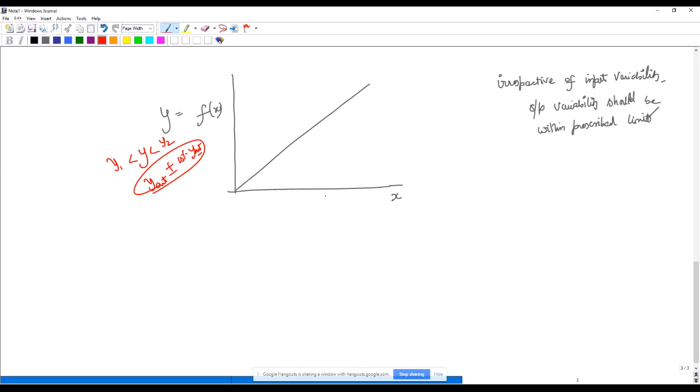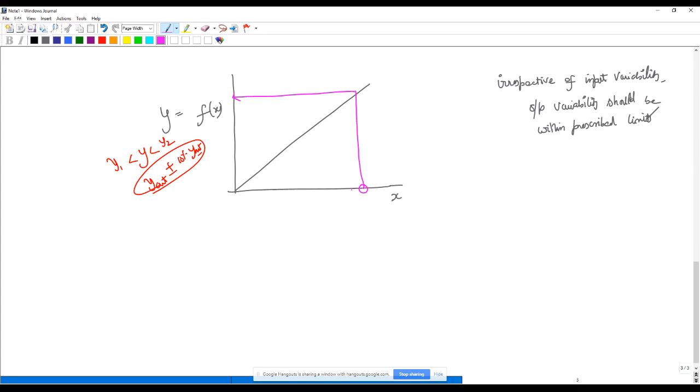What does variability mean? For this X here, this is the corresponding Y. What variability says is, you cannot give a point anymore.